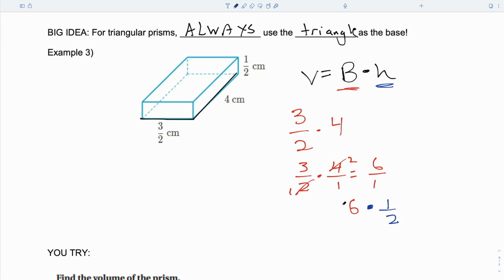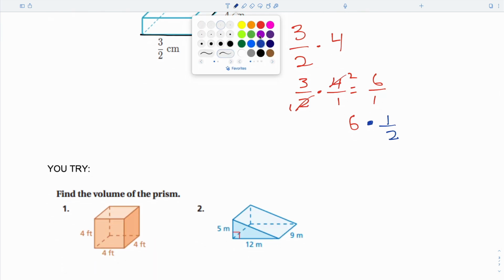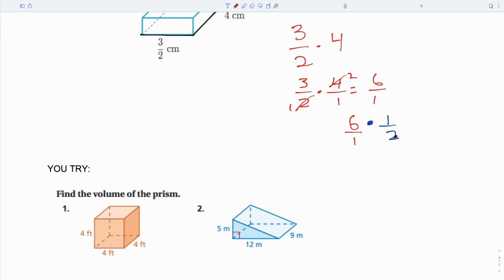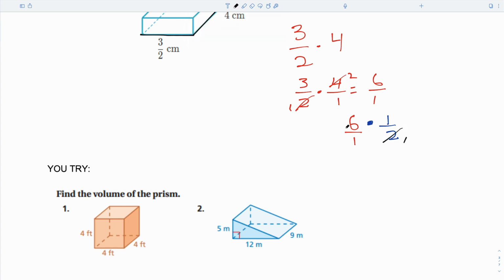I have another whole number times a fraction. Make the 6 into a fraction by putting 1 under it. Maddie, can I cross anything out? Yeah, let's cross cancel to make things easier. 2 goes into 2 once, 2 goes into 6 3 times. Multiply across. What's my answer?